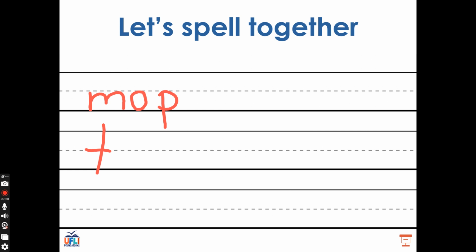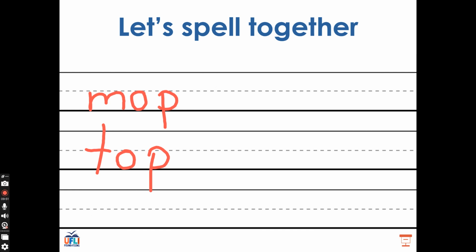What letter says ah? Well done, our new letter O. The last sound I hear in top is p. What letter says p? Good, P says p. So I'll write the letter P.